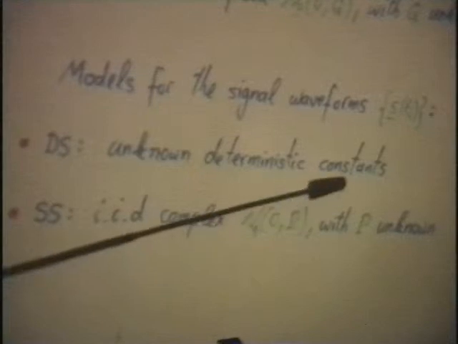A more restricted model, though more regular in the sense of the number of parameters, is to assume that the signals s are simply IID complex Gaussian with mean zero and some covariance matrix P. This matrix P can even be rank deficient.